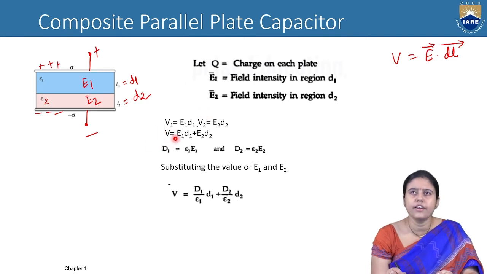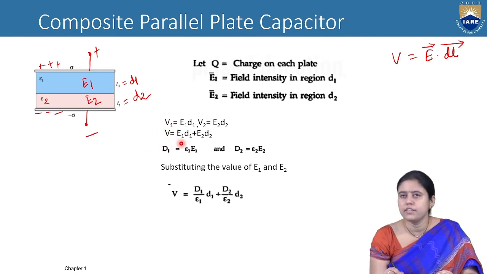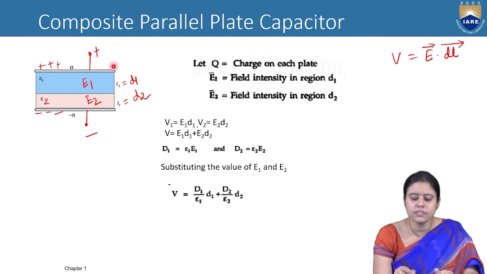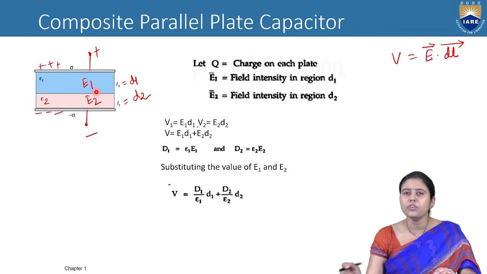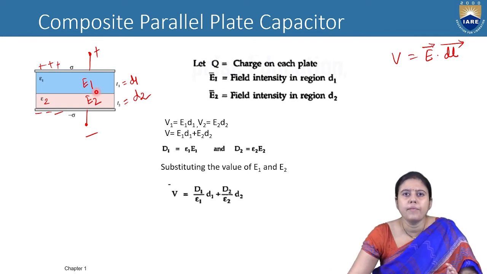So what is the total V? Total voltage between the positive and negative plate is equal to E1 D1 plus E2 D2. So we got the value.